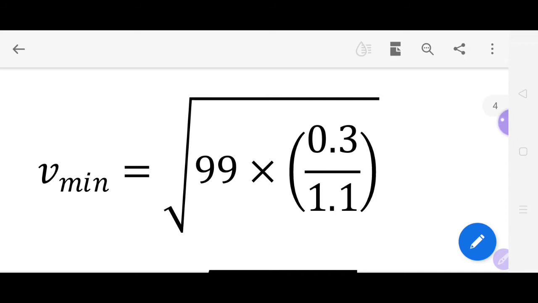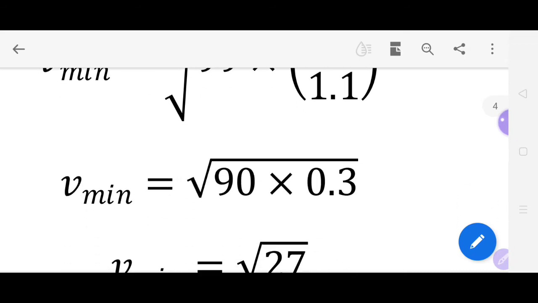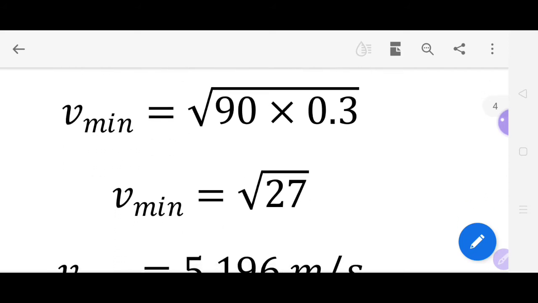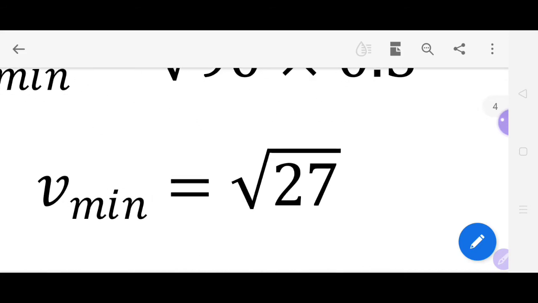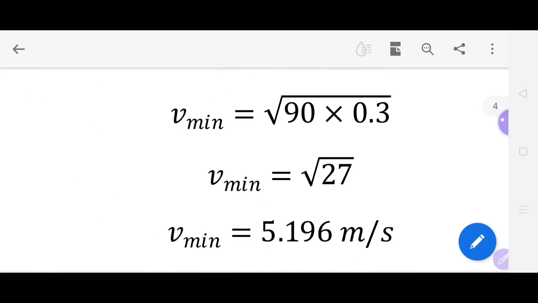Now we can cut 99 by 1.1, so it becomes square root of 90 into 0.3. If we solve this, we get v minimum is equal to square root of 27, and the value of square root of 27 is 5.196 meter per second. So v minimum is found to be 5.196 meter per second.